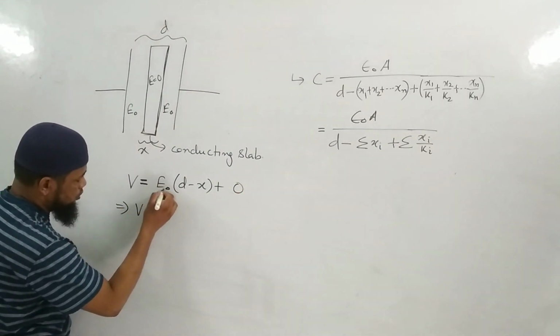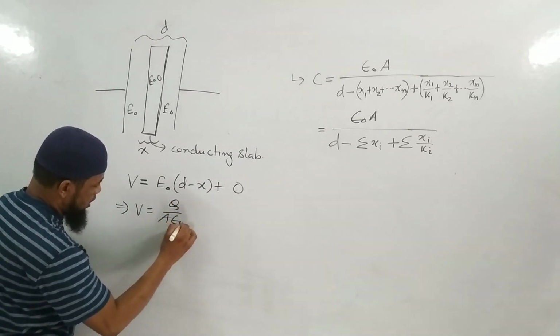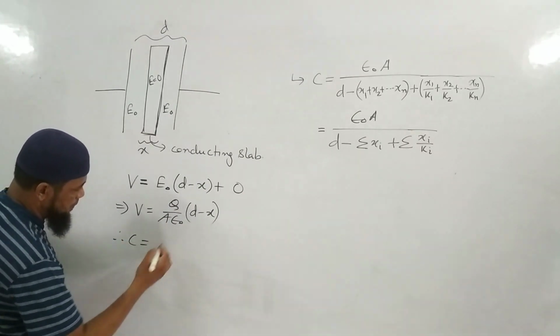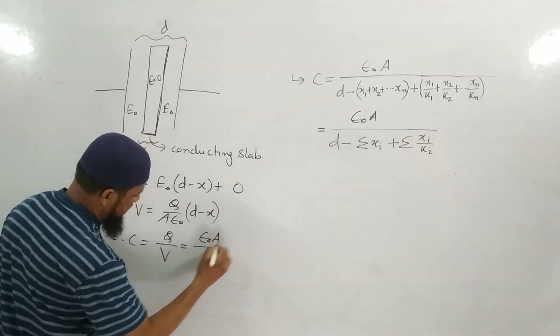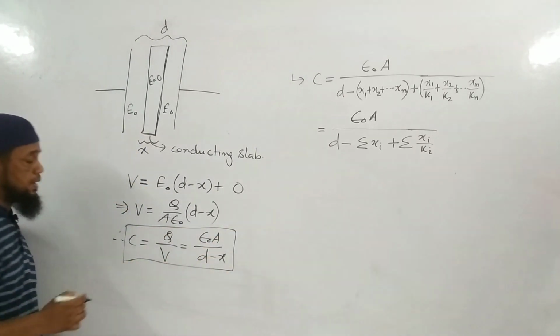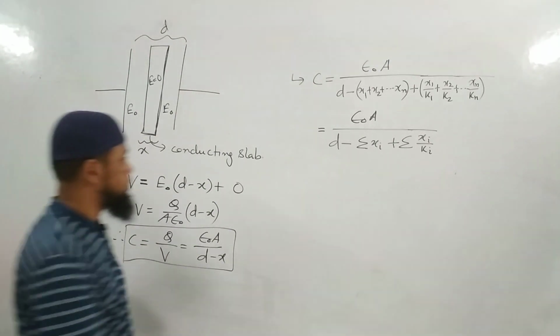So V is equal to E naught times D minus X, which is Q divided by A epsilon naught times D minus X. Therefore, in this situation, the capacitance will become Q by V, or epsilon naught A divided by D minus X. So if we replace it by a conducting slab, this will be our capacitance.